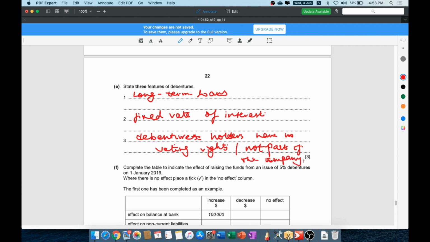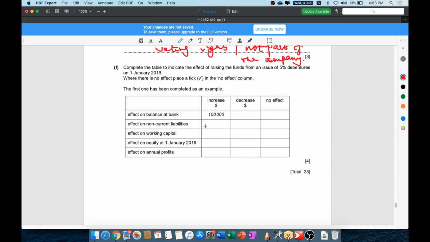All right. So last part, complete the table to indicate the effect of raising funds from an issue of 5% debentures on 1st January 2019. The first one has been completed as an example. Effect on balance at bank, increase of $100,000. So he's implying that we took out a debenture of $100,000 because the bank is increasing by $100,000.